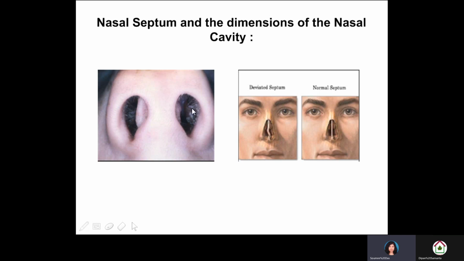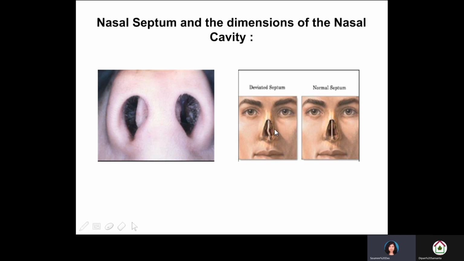This nasal cavity is divided into left half and right half by the nasal septum. This is the left part, this is the right part, and this is divided by this nasal septum. Now see, this is the normal position of the nasal septum, and this one is the deviated nasal septum.